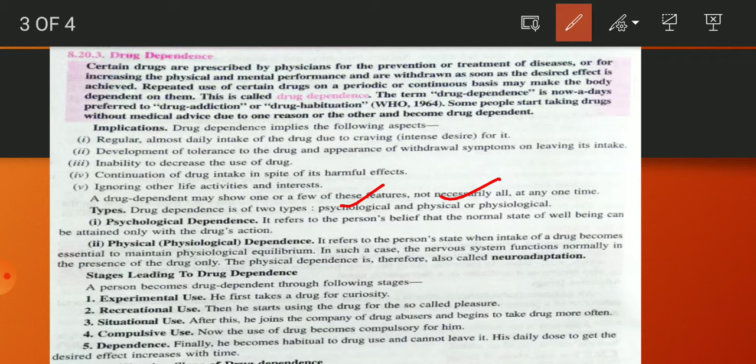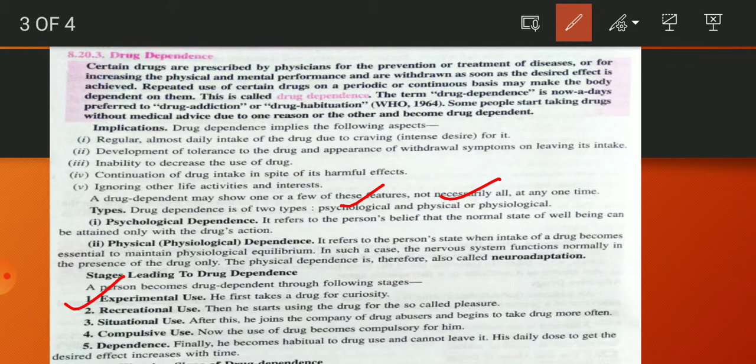Then come the stages leading to drug dependence. What are the different stages that mainly lead to drug dependence? A person becomes drug dependent through the following stages. First comes experimental use.